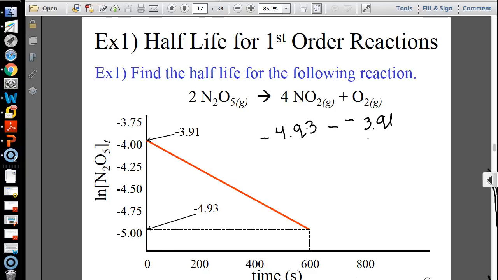And that equals negative K times time. And what's the time? 600. And now you just push buttons in your calculator. Sounds like a sweet deal, right? So minus a negative is plus a positive.